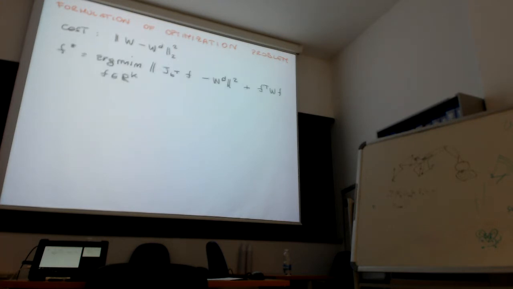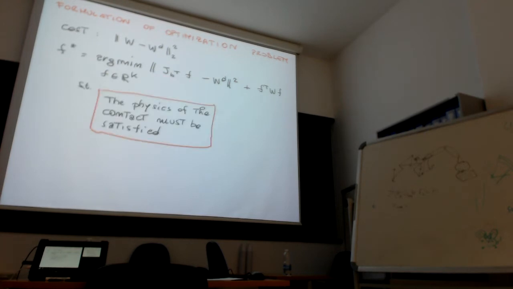We have the desired wrench we want to track, and we have the real wrench that is related to the contact forces, and then plus we have the regularization term that is needed to make this problem solvable. Because if you look at the action of this matrix in the QP, it is not positive definite, because this matrix has a null space, and I will talk about that afterwards.